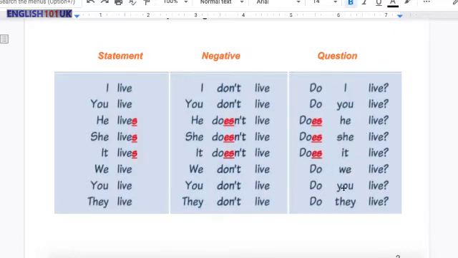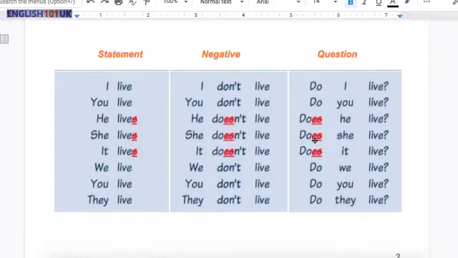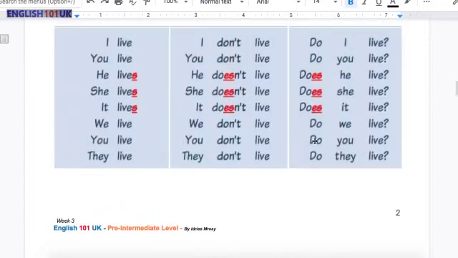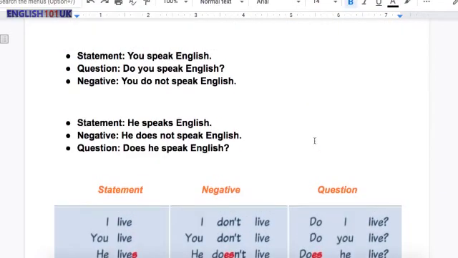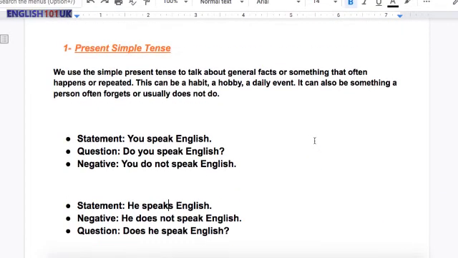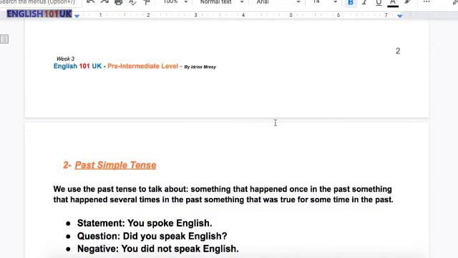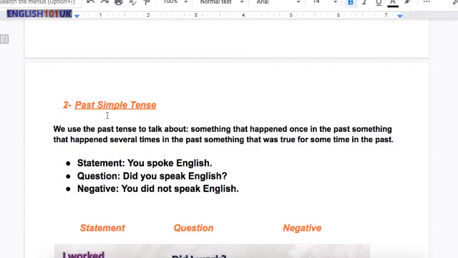Of course, we can replace those pronouns with names, as we are going to see later. Alright, so this is the present simple tense. Let's go to past simple tense.